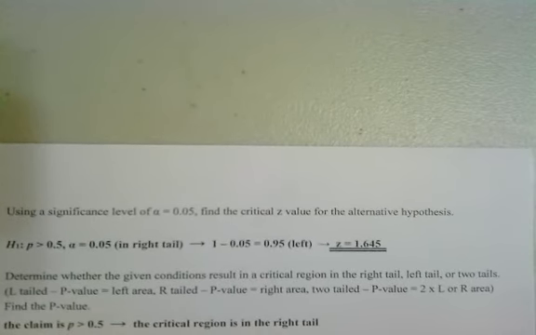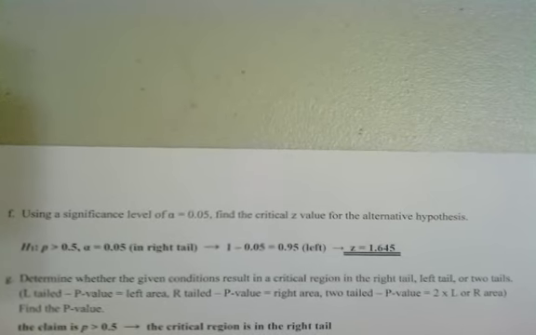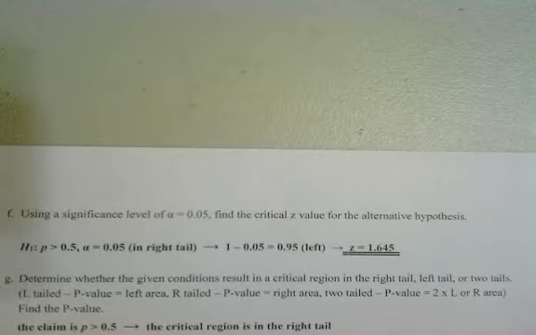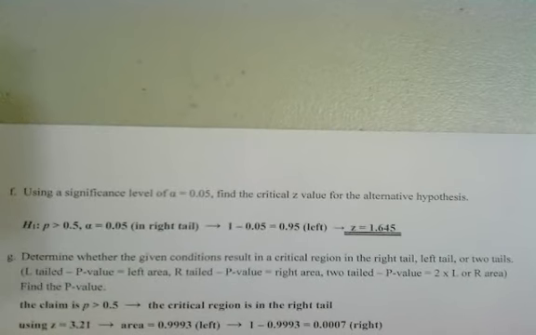Alright, so determine whether the given conditions result in a critical region in the right tail, left tail, or 2 tails. So this is not referring to what was above. We just want to look at these cases and decide what's going on. And so the claim is P is greater than 0.5, so that means the critical region is in the right tail.